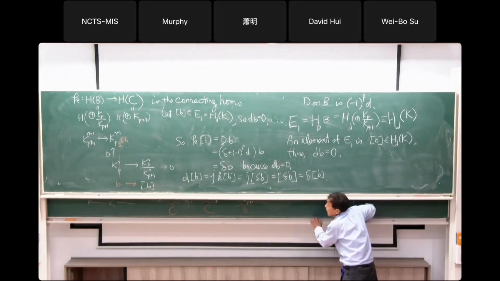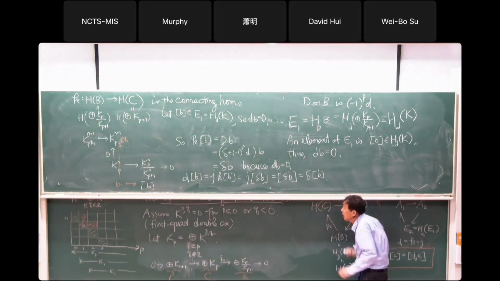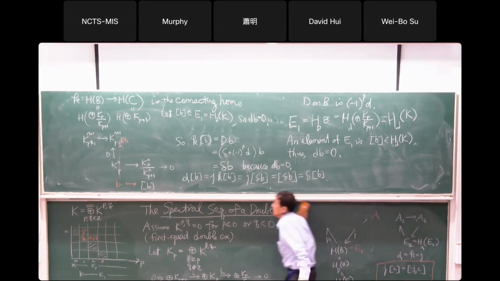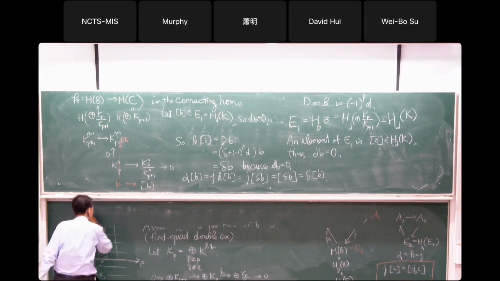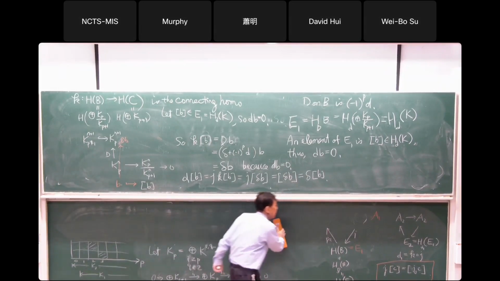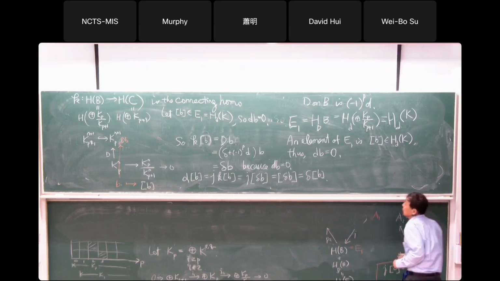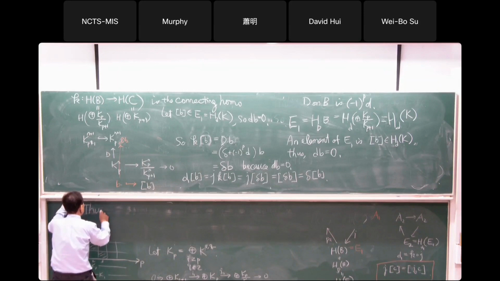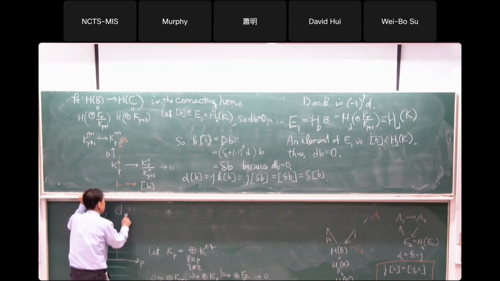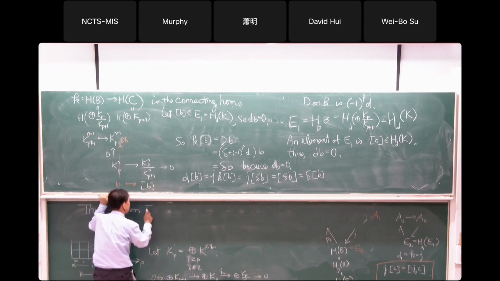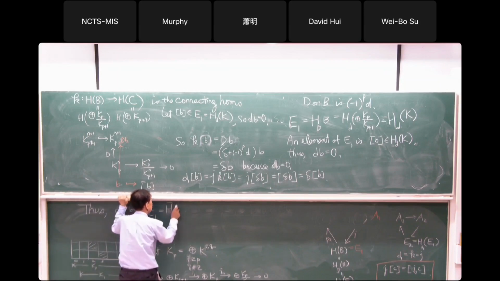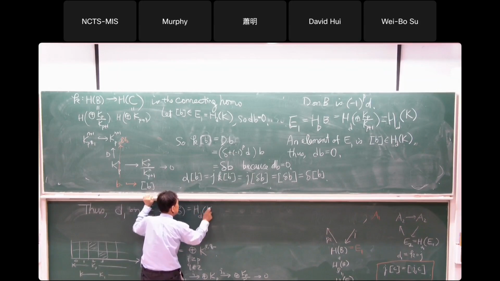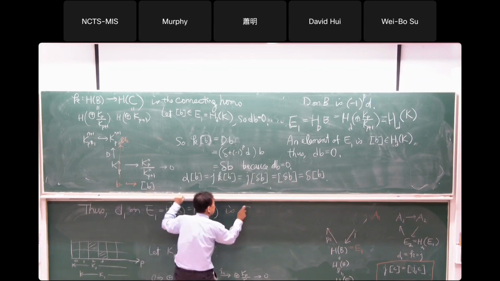Thus, D1 on E1, which is H of B, which is H_d of K, is delta.